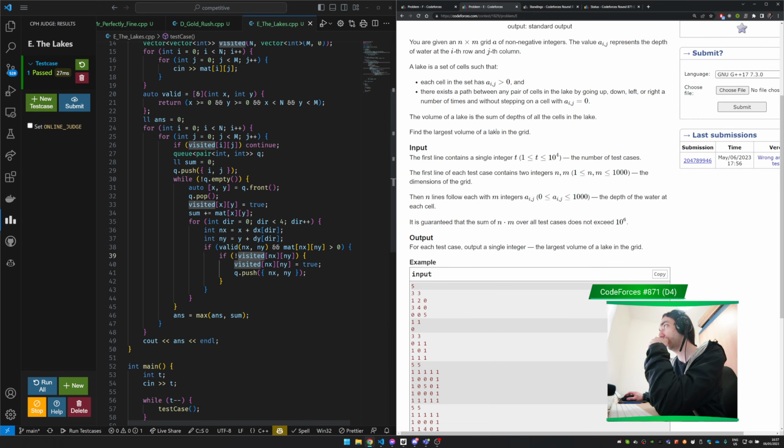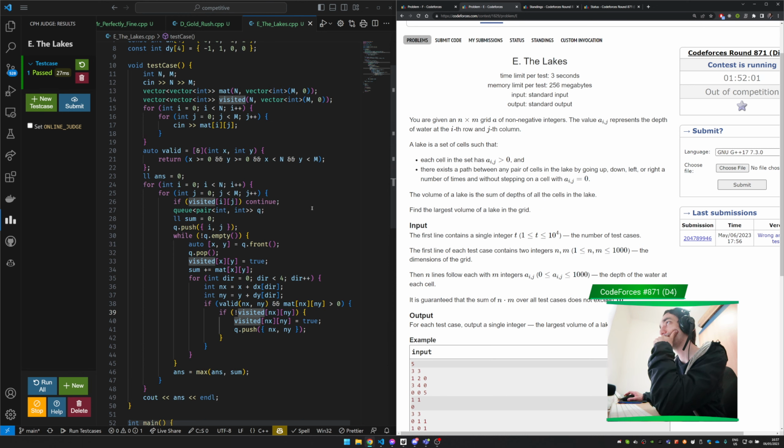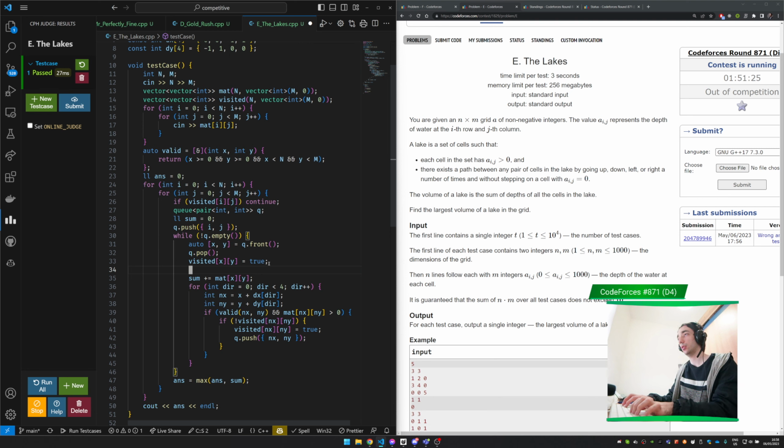The largest volume of lake. Am I not seeing something? I mean, I don't understand.